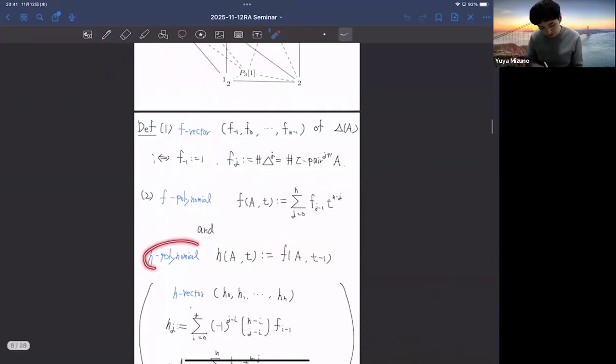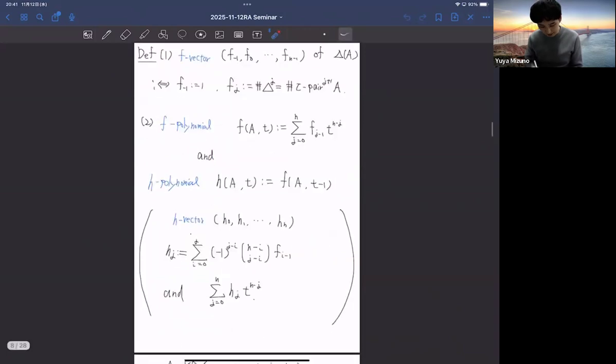And the h-polynomial is kind of a brother of the f-polynomial. This is quite similarly defined, but this h-vector plays a very important role. We can define the h-polynomial by using the f-polynomial, but we can also define the h-vector by using this f-vector, so whichever is fine.